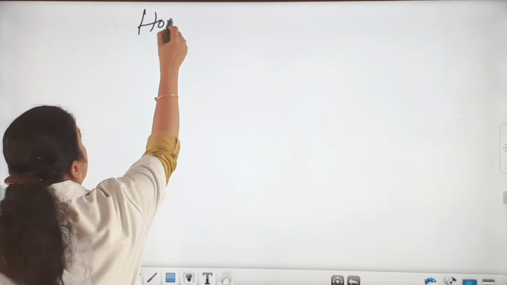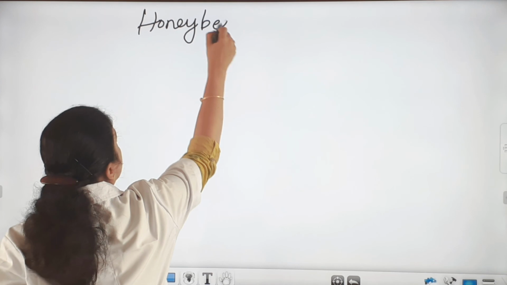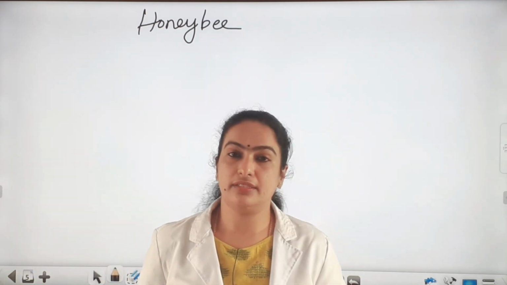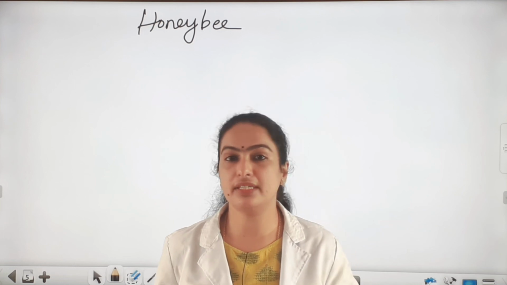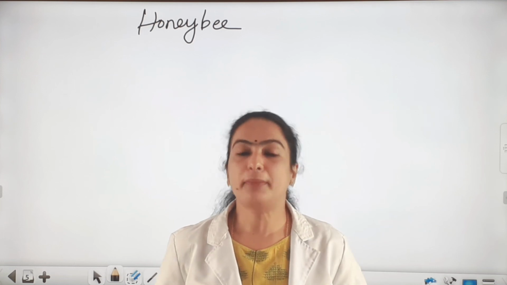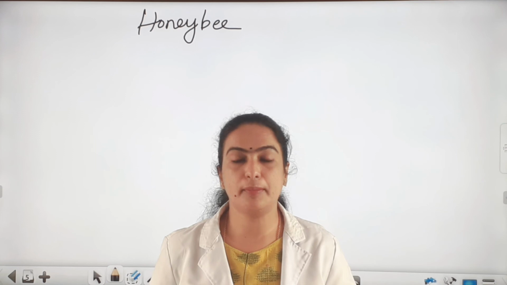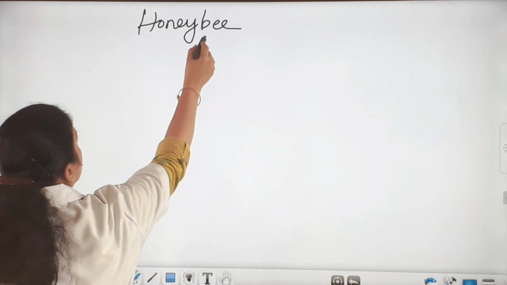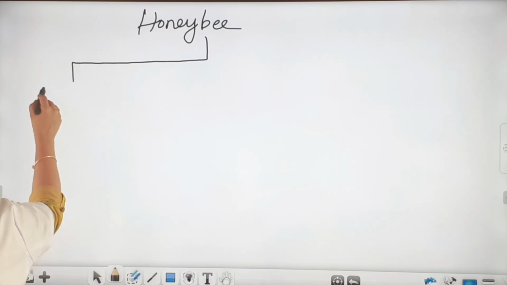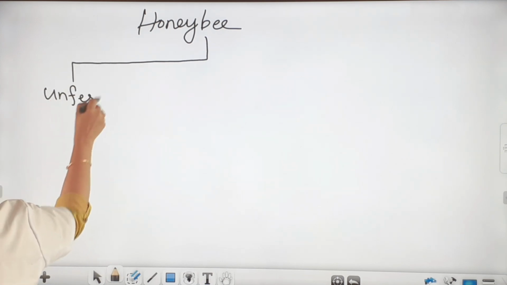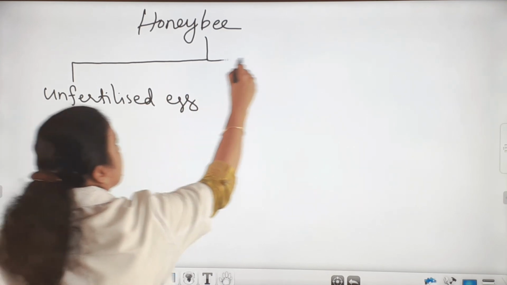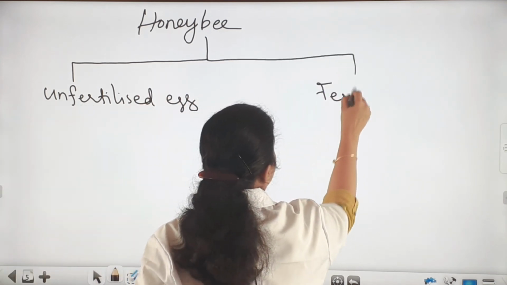So in honeybee, how is the sex determined? You already learned honeybees are undergoing parthenogenesis to form male bees. So here the honeybees are producing two types of eggs. First one is the unfertilized egg, and second one is the fertilized egg.